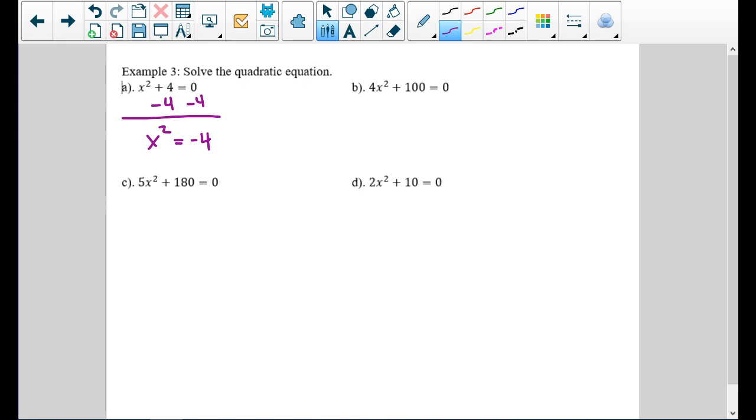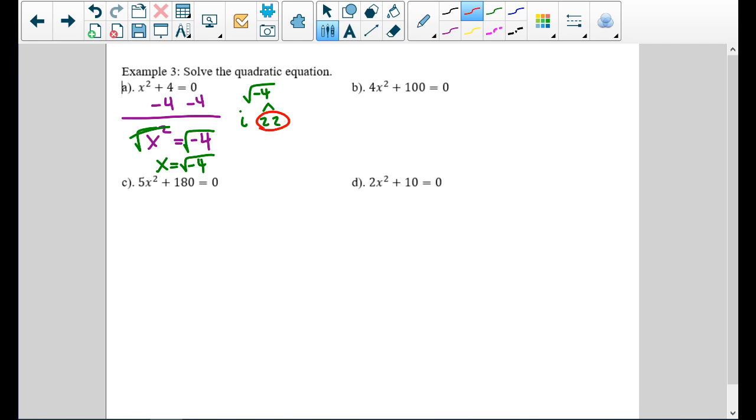Well, what's the opposite of a square? Square root. So we square root both sides. So x equals the square root of negative 4. Again, we type that in our calculator, we get an error message. Can't do it because of the negative, right? But now we have these imaginary numbers. So now this square root of negative 4, I can pull out an i. 4 breaks into 2 and 2.